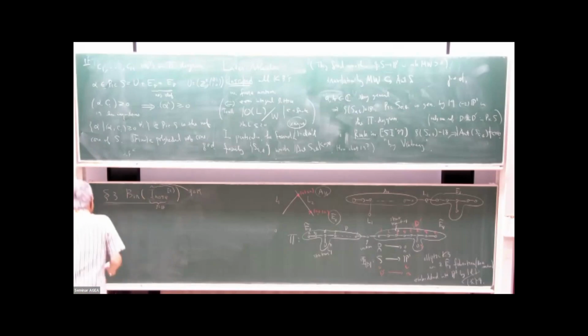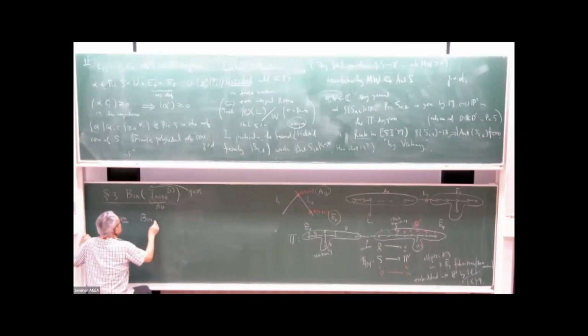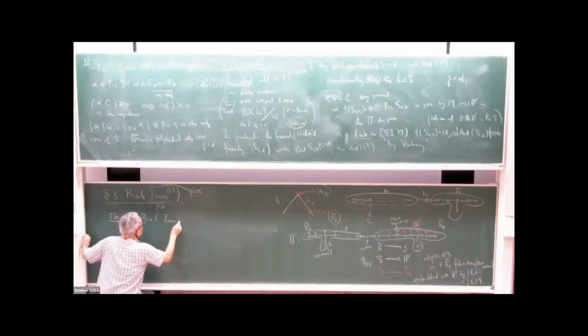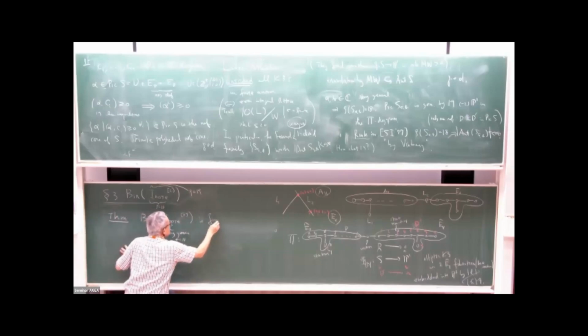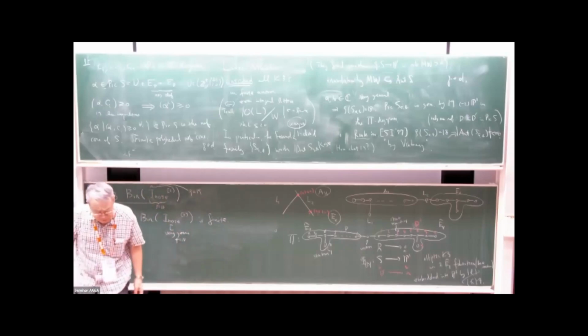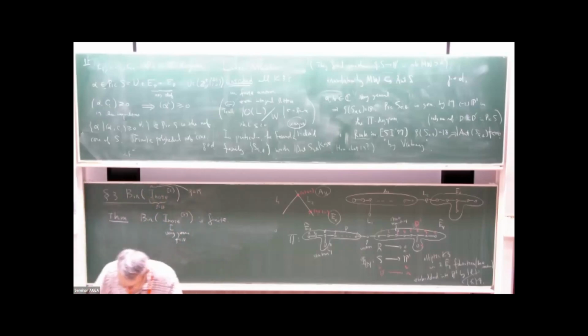And the answer, which I postponed: the birational automorphism group of the Hilbert square of Inose surface, for Picard number 18, is finite. This is the main result of this section.